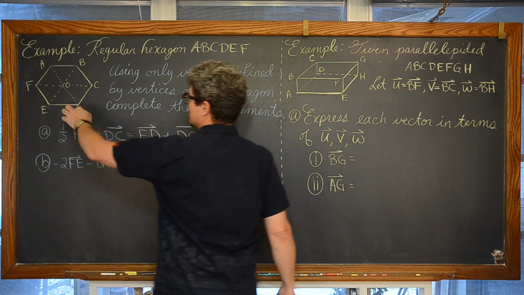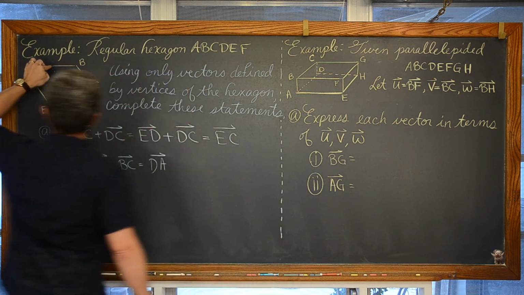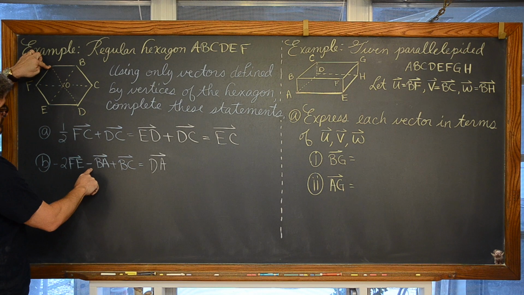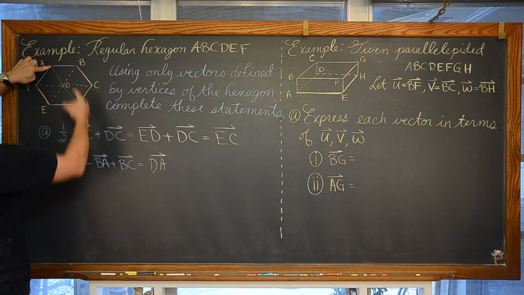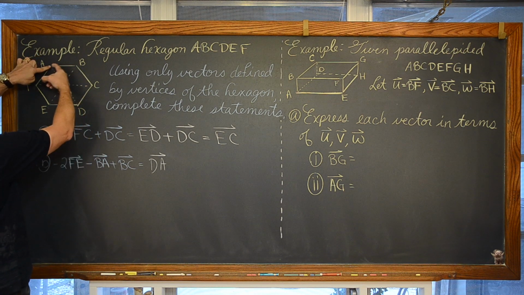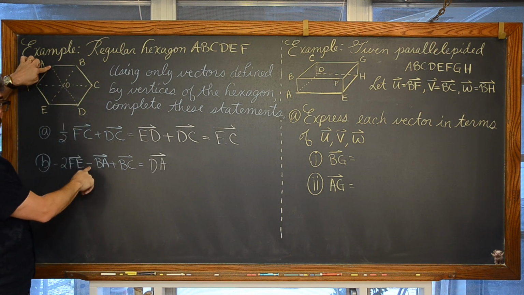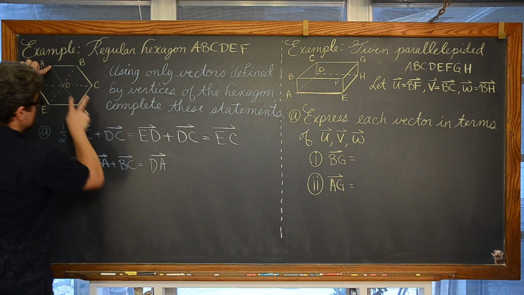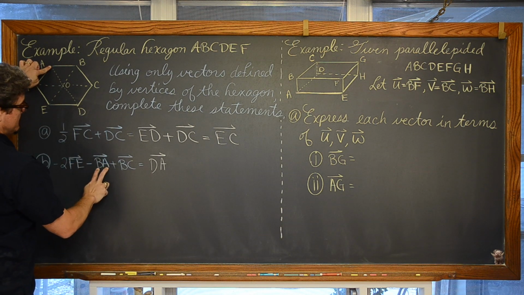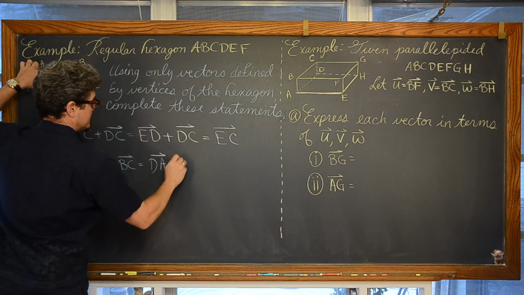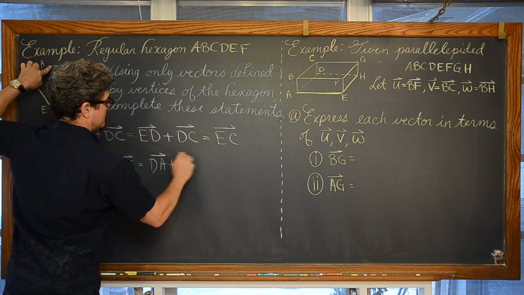Well, if I go D to A and subtract BA, BA is going from right to left, but that's a negative or opposite vector. So what I can do is go to the opposite of vector BA, then add vector AB.